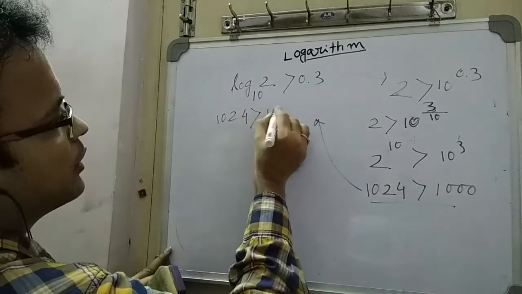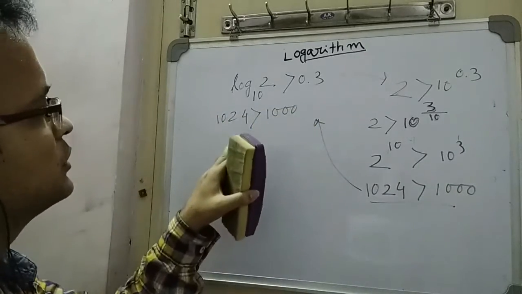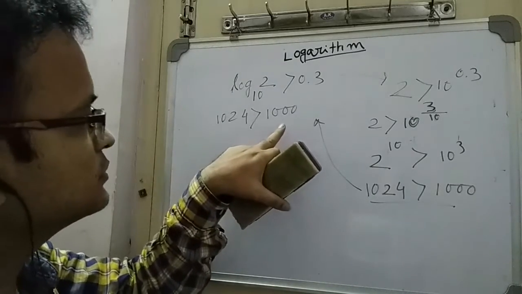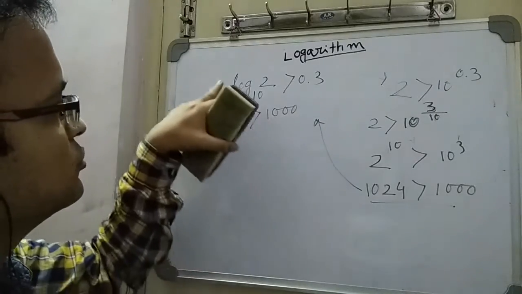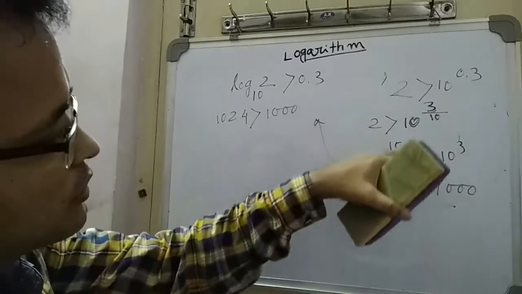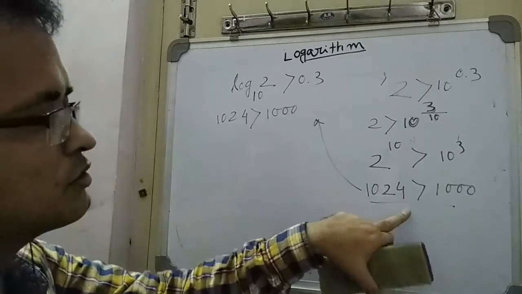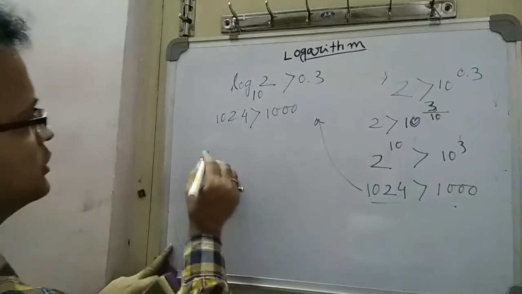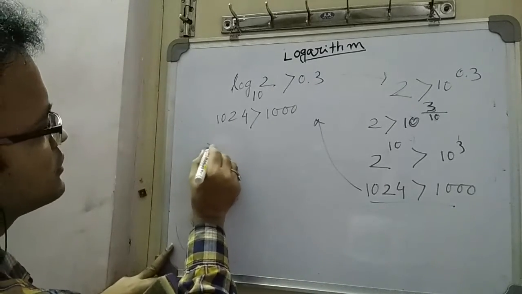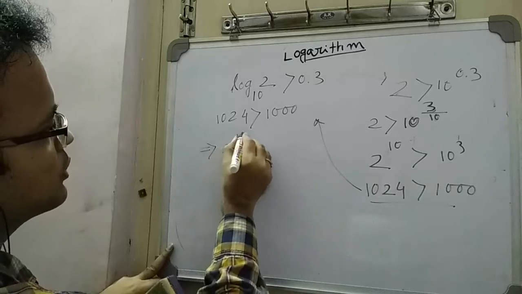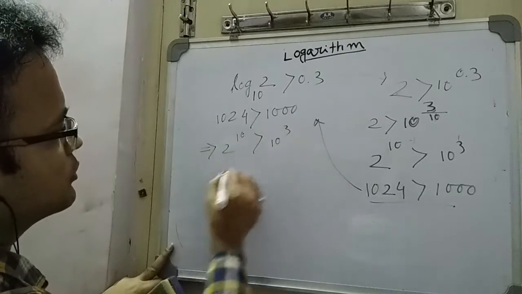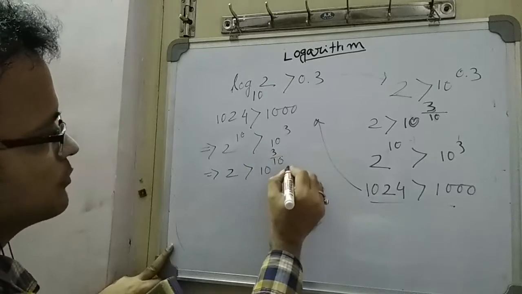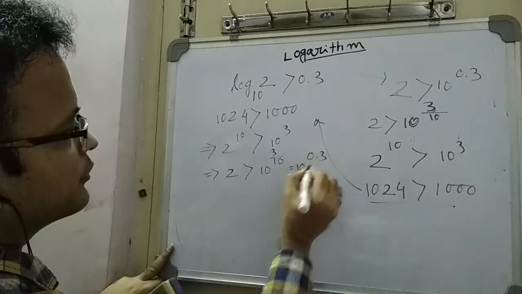But you cannot know which numbers should be greater than which numbers to reach this point. So from the bottom you need to reach this point where we know that the result is always true. So from here I will write just the opposite way. Now I will write 2 to the power 10 greater than 10 to the power 3, so 2 greater than 10 to the power 3 by 10, that means 0.3.